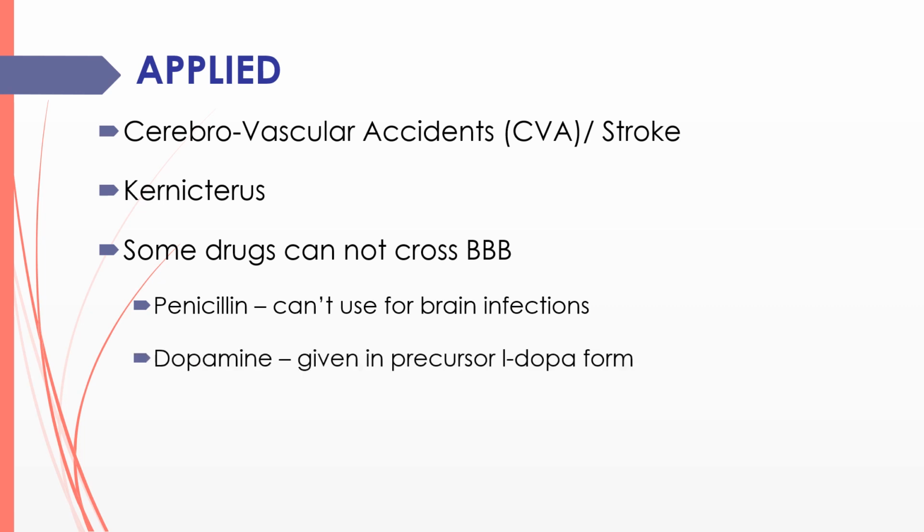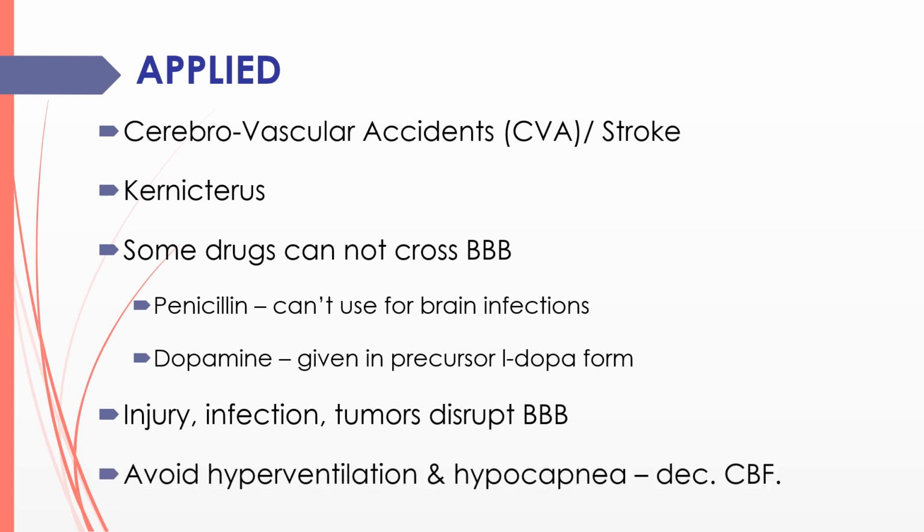For dopamine to work in the brain, they give the precursor levodopa instead of giving dopamine. Any injury, damage, infection, or tumor disrupts this blood-brain barrier. Avoid hyperventilation, as hypocapnia decreases the cerebral blood flow, which can cause syncope.